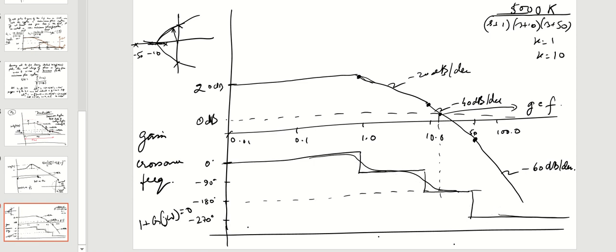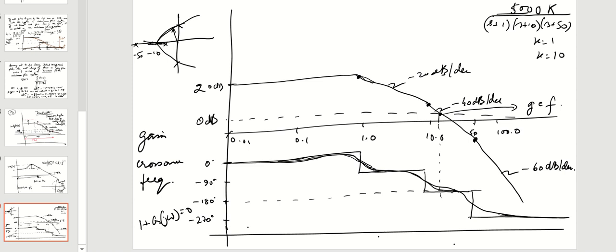So at low frequencies it touches the asymptote, comes close to the asymptote, then something like this, then something like this, and then something like this. This is what the phase plot is going to look like.